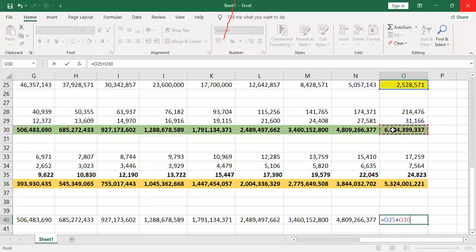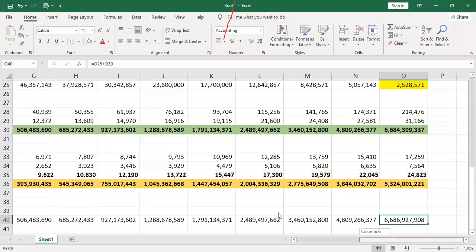So you add up those two values, and then you press Enter. So that is your total cash inflow in year 12.